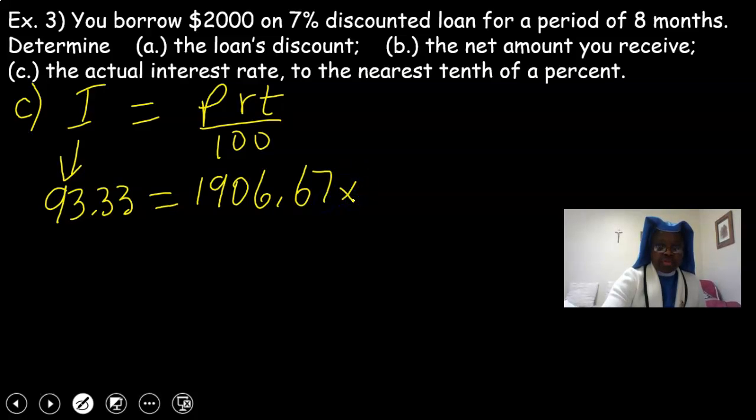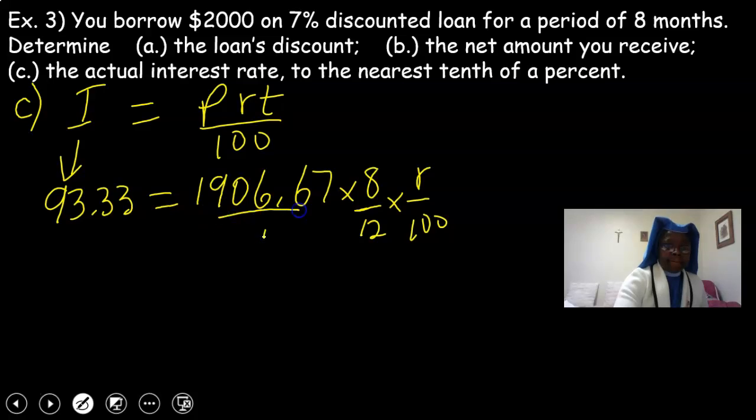Times the rate, or rather I will put the time. The time is 8/12. And the rate we are looking for. Now we can go ahead and simplify that. Plug in the calculator. We can also reduce the 12.